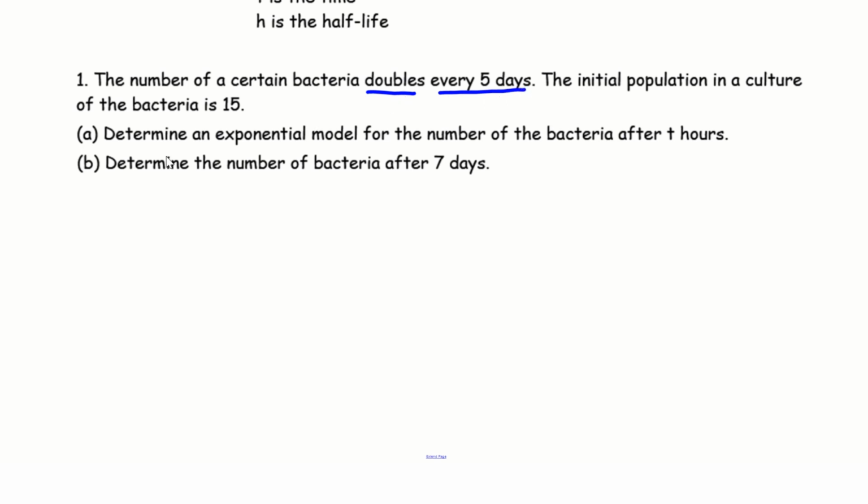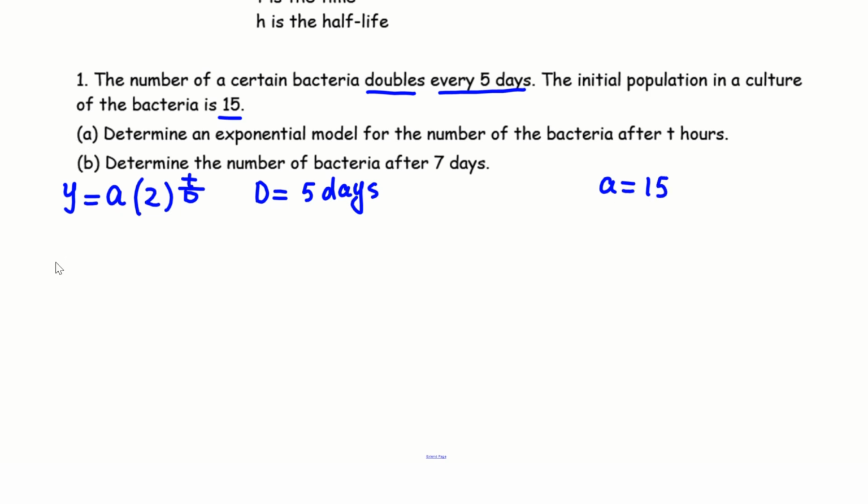When you see the keyword doubles, then we know we could use the general formula with base 2, and the time is counted by doubling period. So from the given information, d is 5 days.